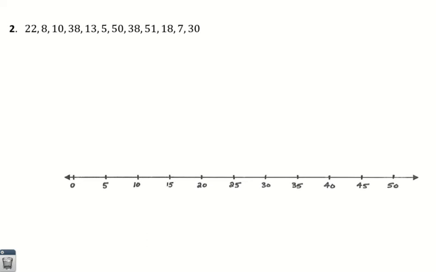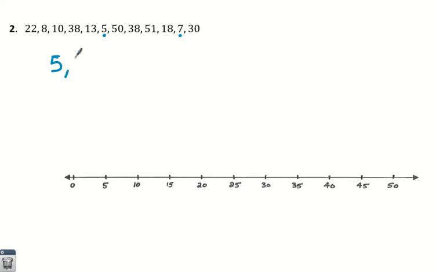This next one just needs to be put in order first before we do the median and stuff. So is 7 the... Nope. 5. Darn it. Well, unless I'm still wrong.